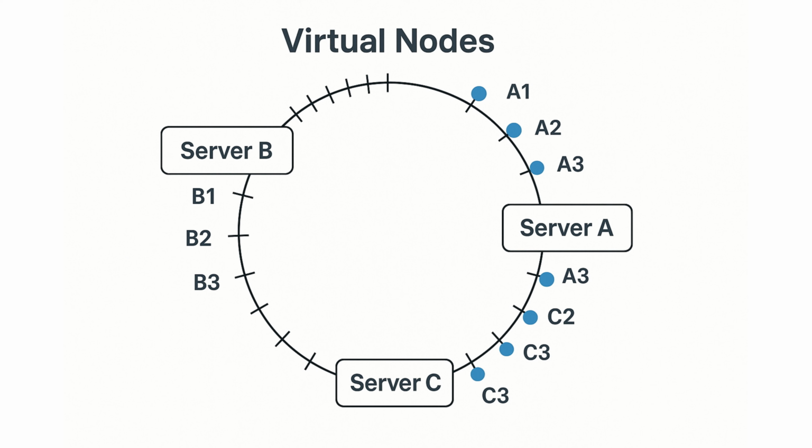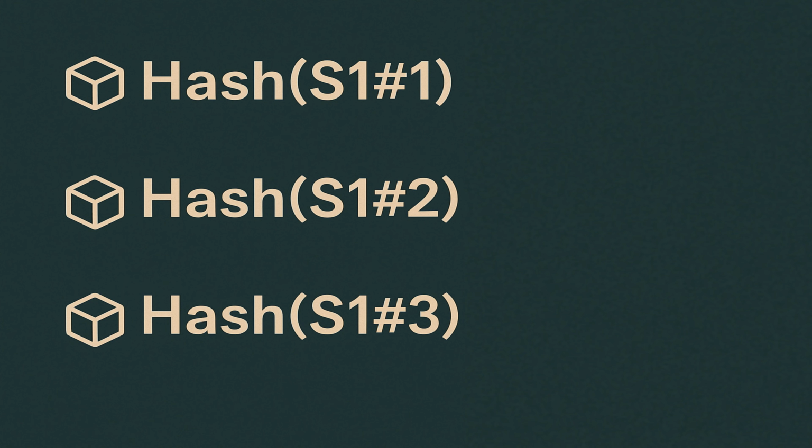Now instead of assigning one position per server, each server is assigned multiple positions, known as virtual nodes, on the hash ring. To create virtual nodes, we apply hash functions multiple times using slightly different input on the server name. We modify the server ID slightly each time before hashing it. Let me explain it with an example. If we have a server called S1, we can create 3 virtual nodes by appending the virtual node number like #1, #2, #3 to the existing server ID.